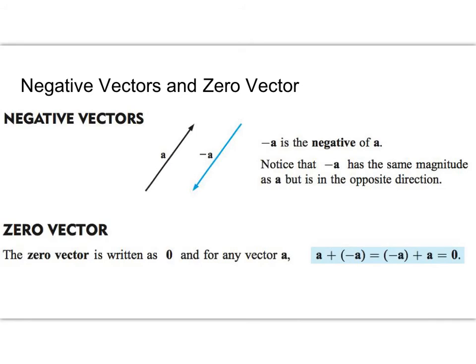They're the same length, but they're going in opposite directions. In fact, if I were to add a plus negative a, I would get 0. And that's the 0 vector.